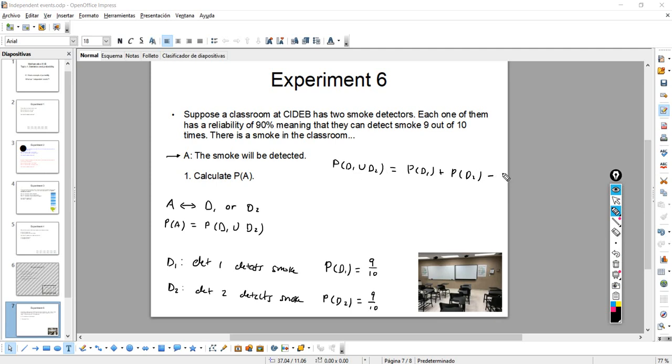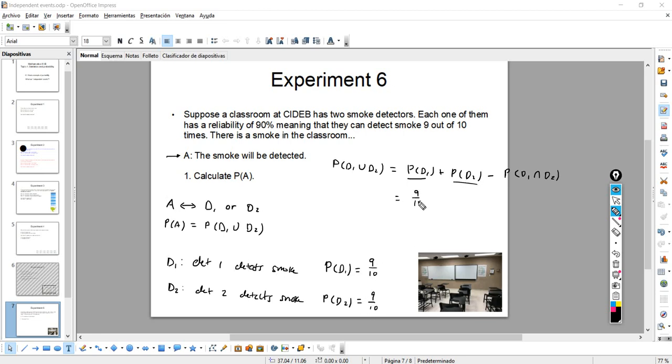Okay, we were writing this formula, right? And then minus the probability of D1 and D2. So if I want to know this, I must know this and this and this independently. So I already know this and this.